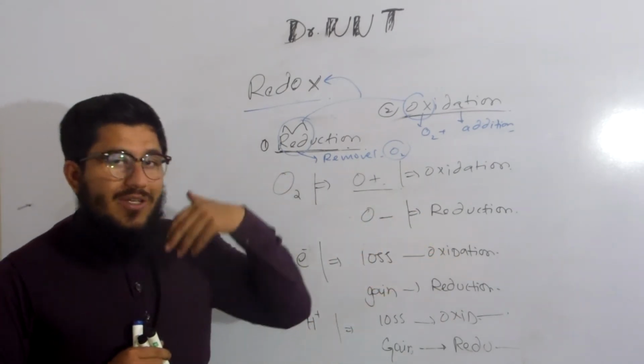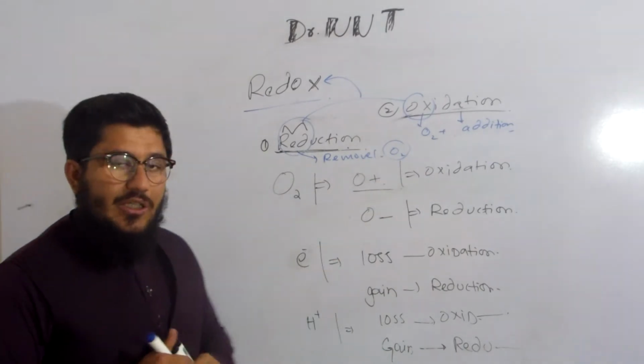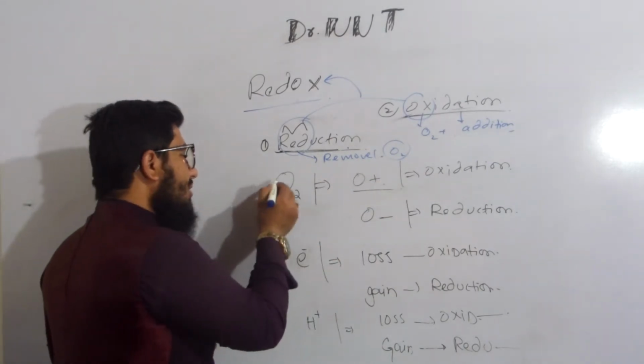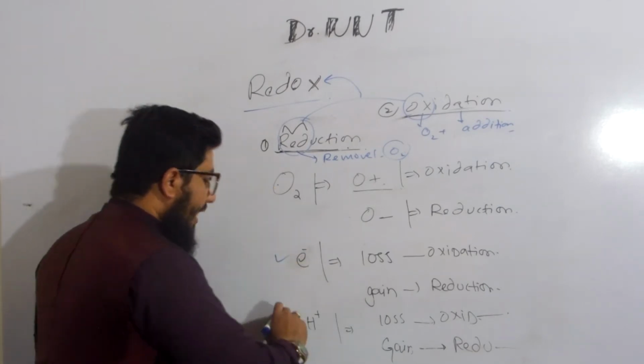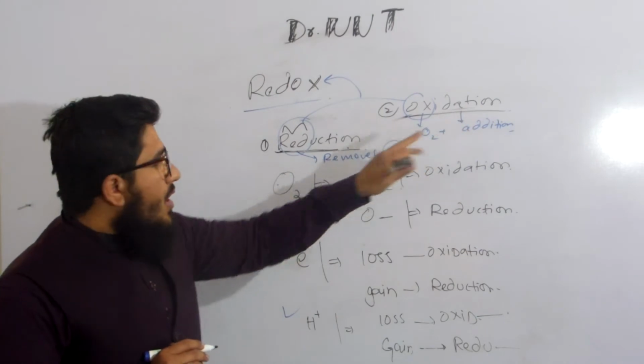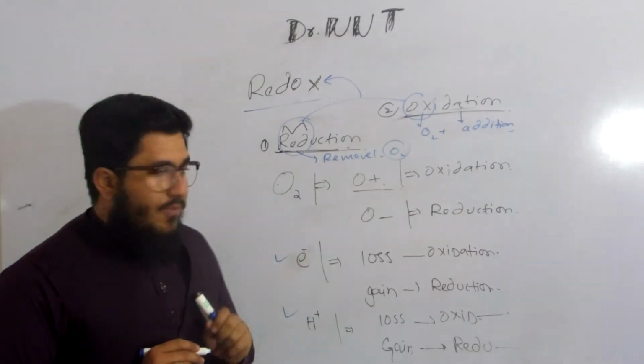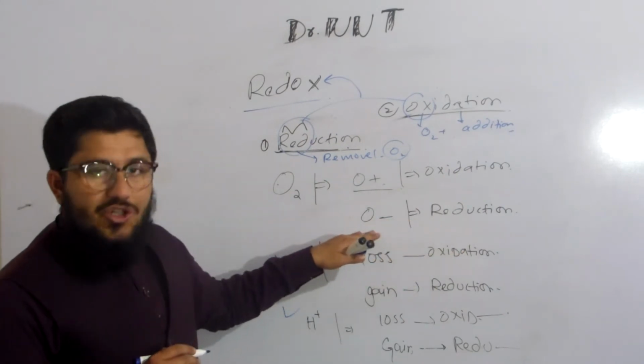And if a proton is added, what do we say? First, regarding oxygen: when you add oxygen to something, that is called oxidation. When you remove it, that is called reduction.